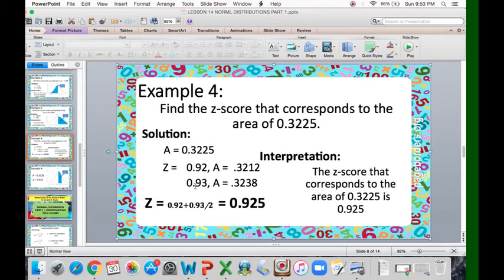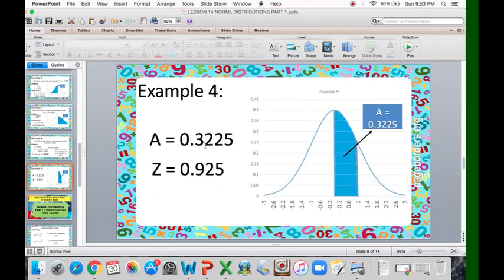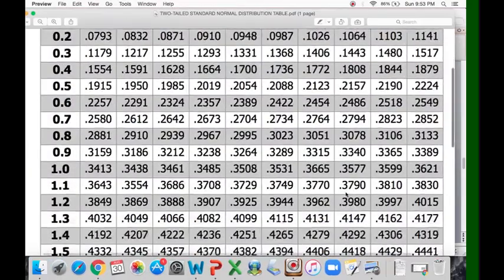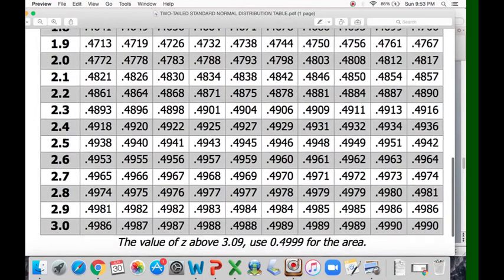Add mo yung z-score nila, divide mo ng 2, at that is 0.925. Okay, and the area is 0.3225. So, kung guguhitin natin, this is the curve. Okay?